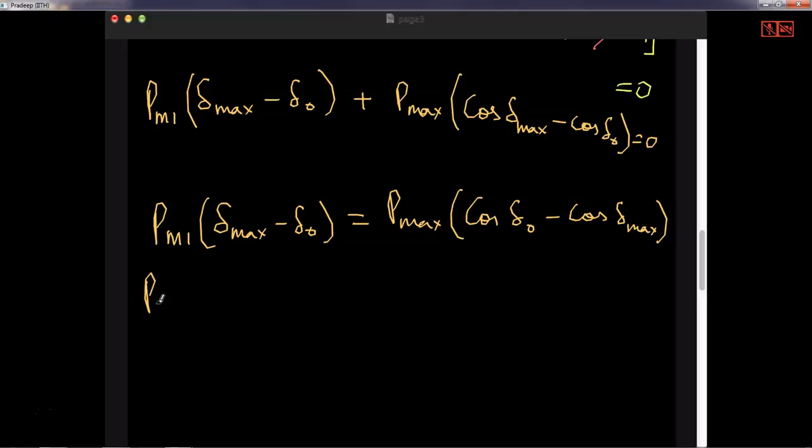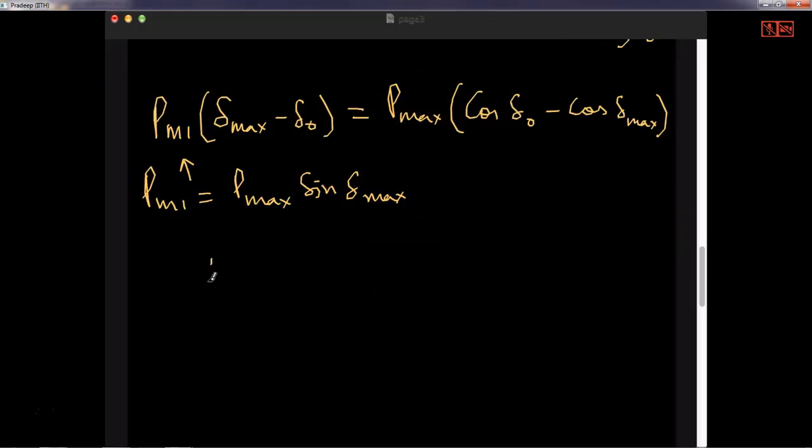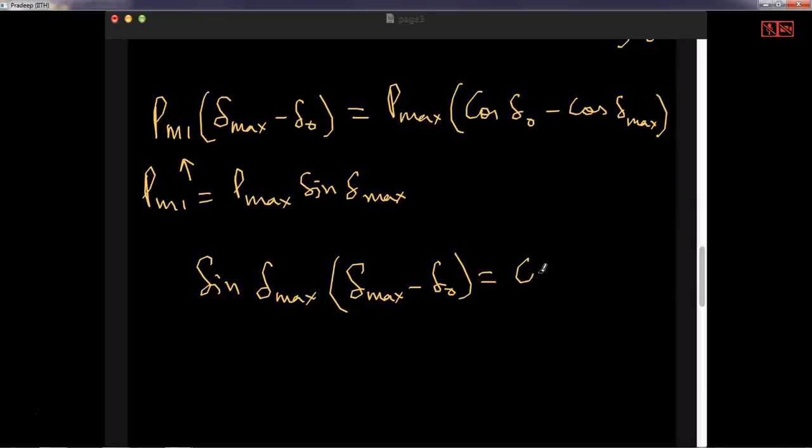So Pm1 is nothing but P max of sine delta max. If I substitute it here, I'll get sine of delta max multiplied by delta max minus delta naught, equal to cos of delta naught minus cos of delta max.